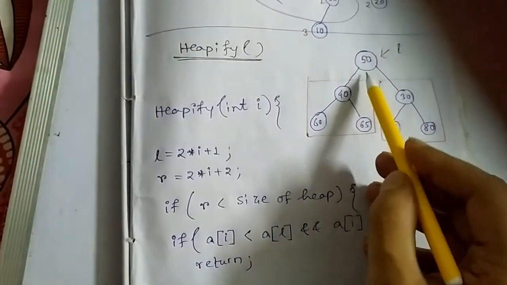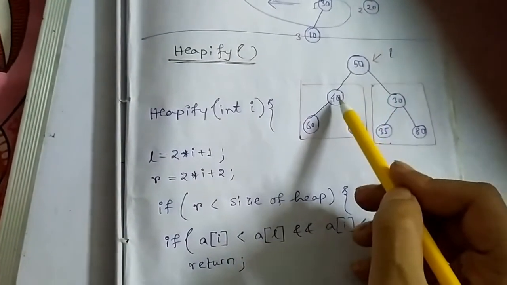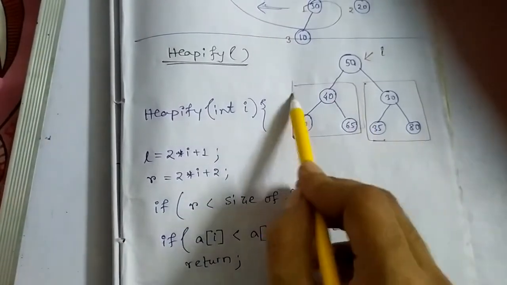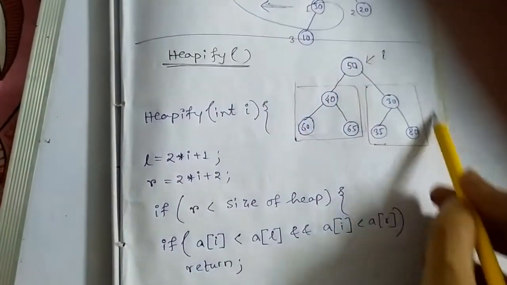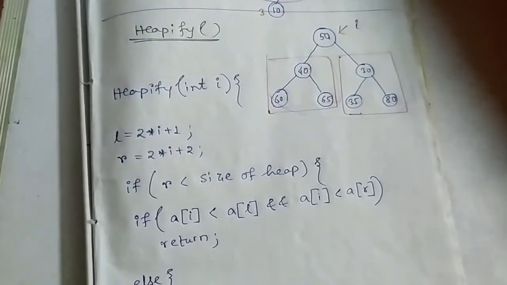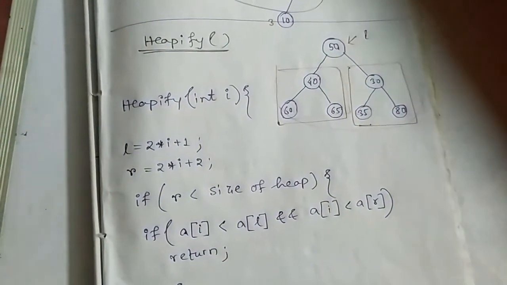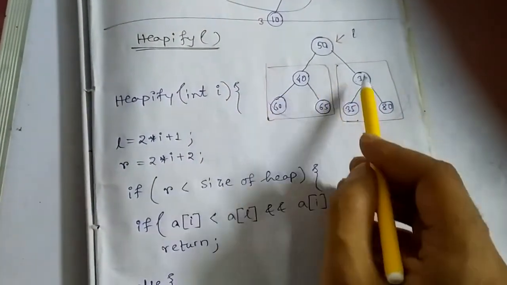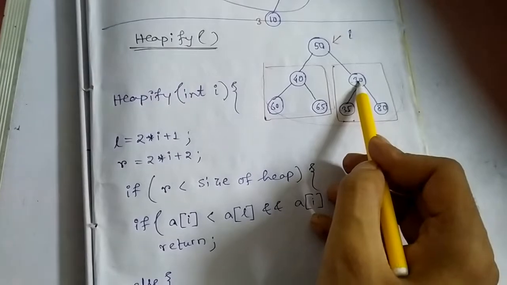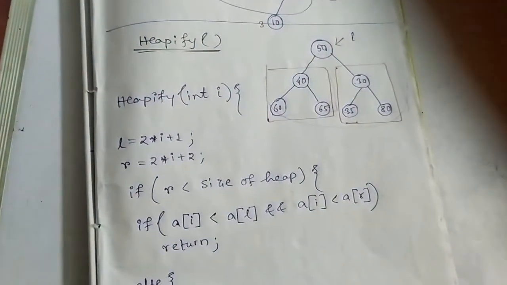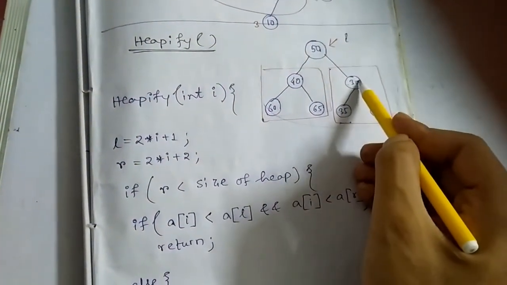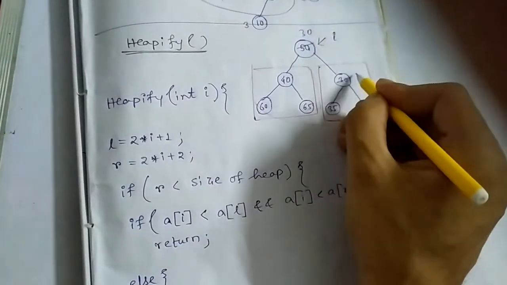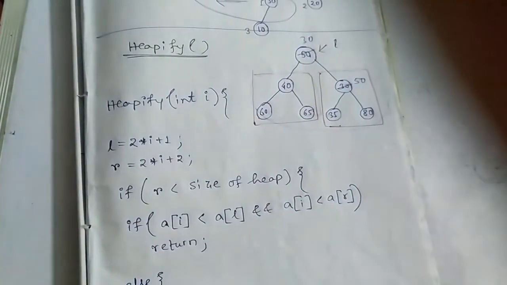So let's see here. Here 50 is greater than 30 and 40 both. That means this is a min heap, this is a min heap, but the whole heap is not a min heap. So what I have to do? I will find the minimum of these two, and here 30 is the minimum. So I have to put 30 at the root and I will keep 50 at the position of 30.